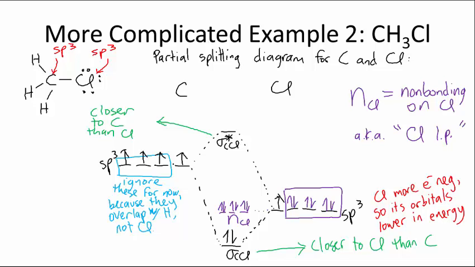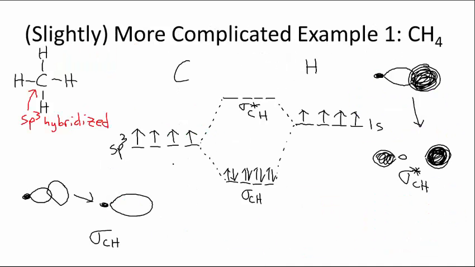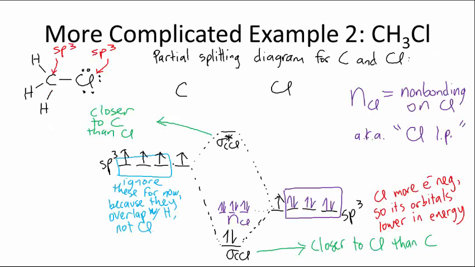Those 3 sp3 orbitals from carbon that overlap with hydrogen 1s orbitals are going to make sigma CH and sigma star CH like we've seen before. So the question is, where do those end up in the diagram? Well, since hydrogen is not as electronegative as chlorine, hydrogen's orbitals don't start as low in energy as chlorine's do.